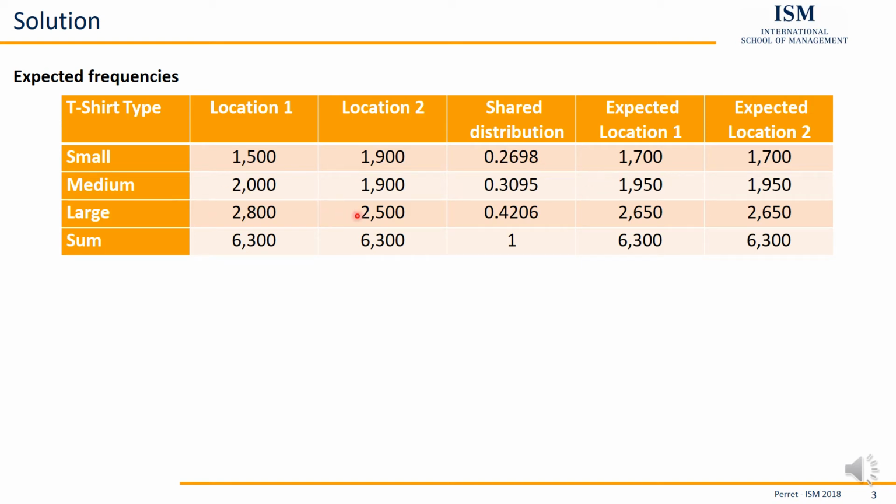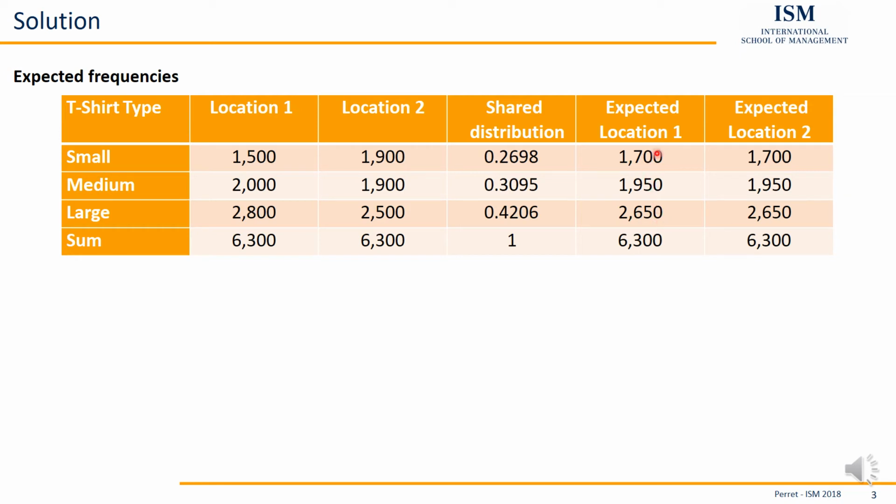Then for medium we have 0.3095 times 6,300, giving us 1,950. Finally, for large, we have 0.4206 times 6,300, giving us 2,650.